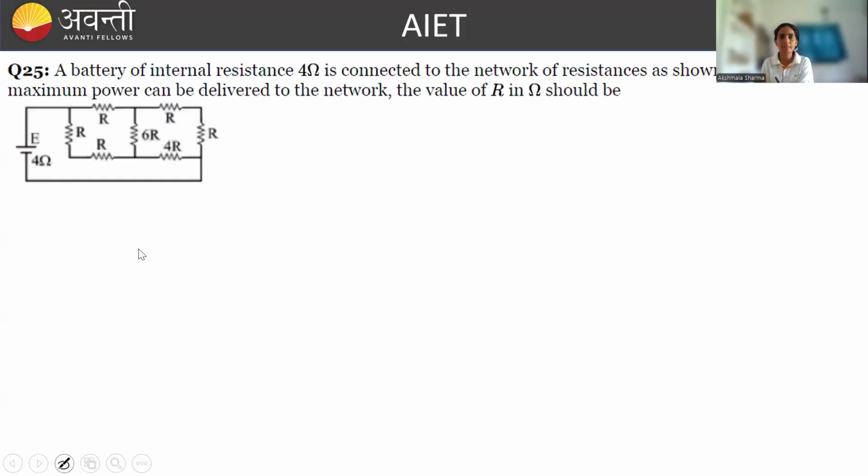A battery of internal resistance 4 ohm is connected to the network of resistances as shown. In order that maximum power can be delivered to the network, value of R should be. So there is a question. ये question काफी ज़्यादा आता है कि maximum power delivered to the network. So there is a thing that you can derive also, but here I will directly write.